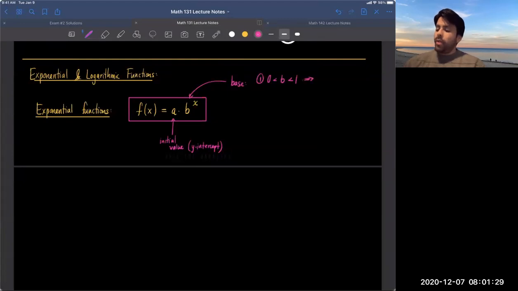If my b value is between 1 and 0, I have what's called exponential decay. And if my b value is bigger than 1, then I have exponential growth.